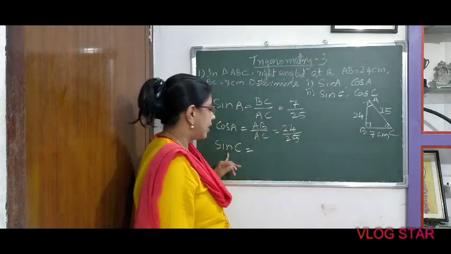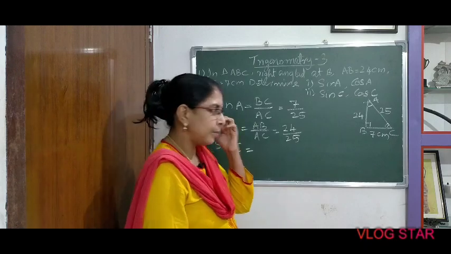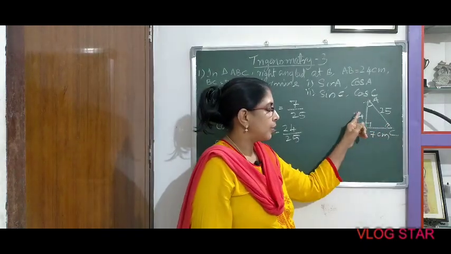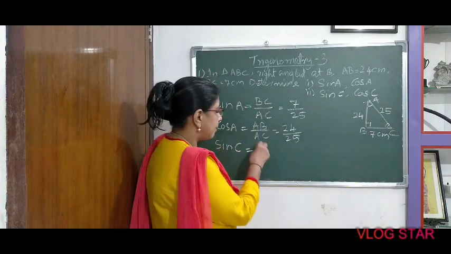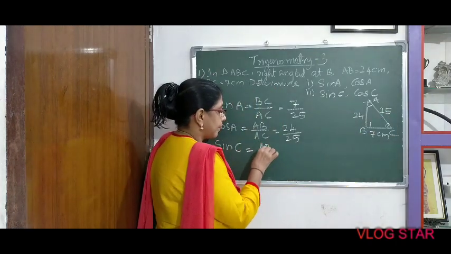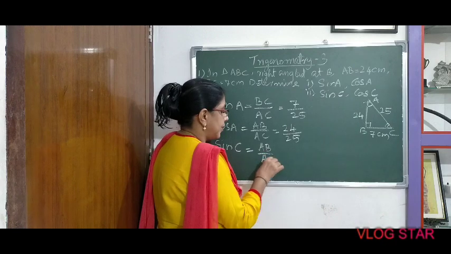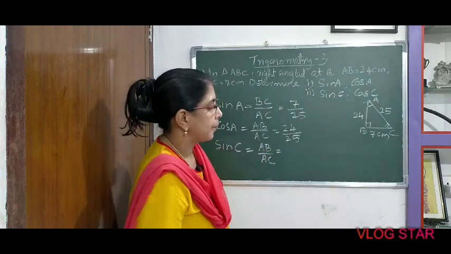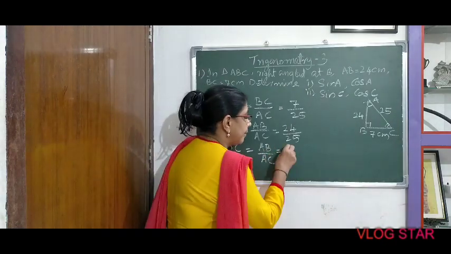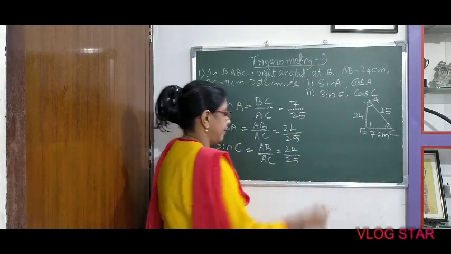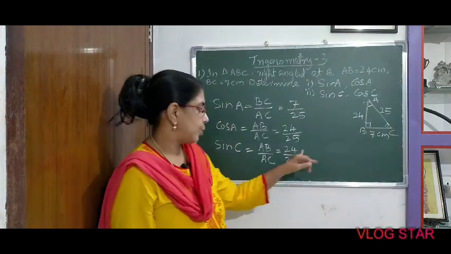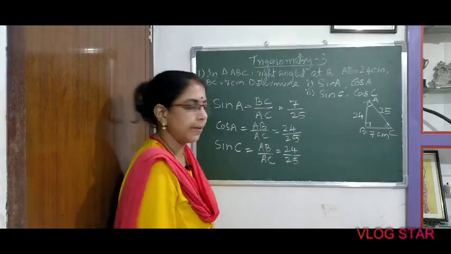Therefore sin C, we know that sin C is side opposite to angle C upon hypotenuse, that is AB upon AC. AB is 24 and AC is 25. Therefore sin C is equal to 24 by 25.